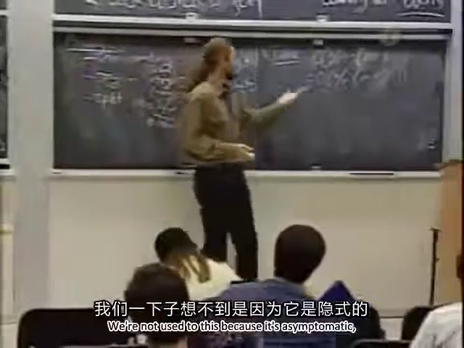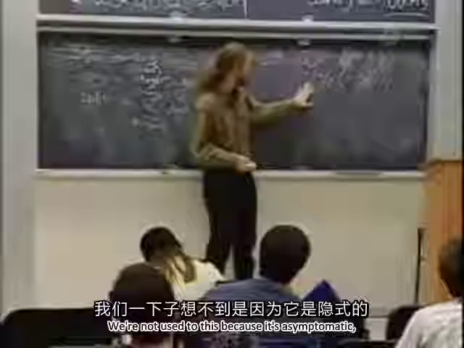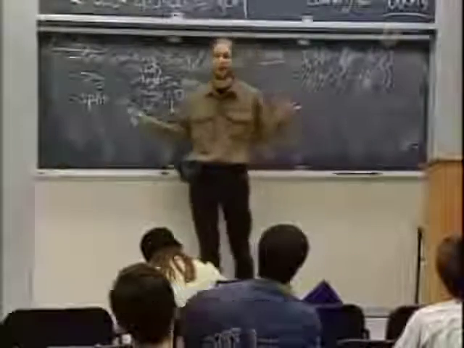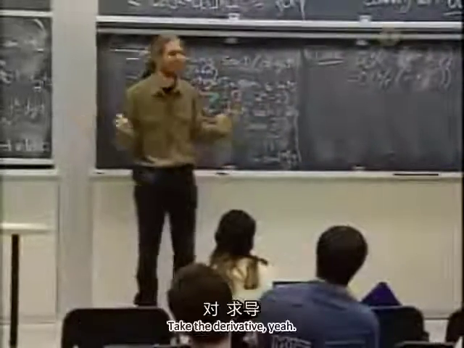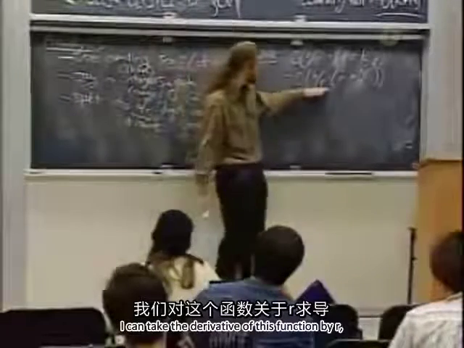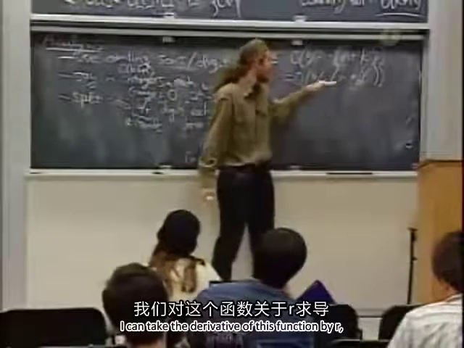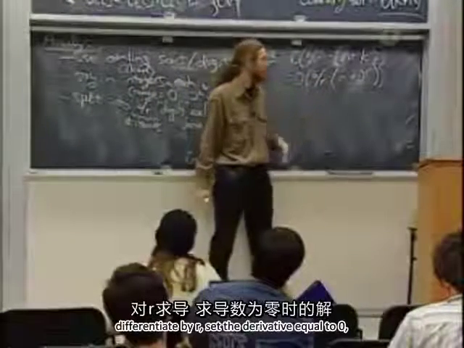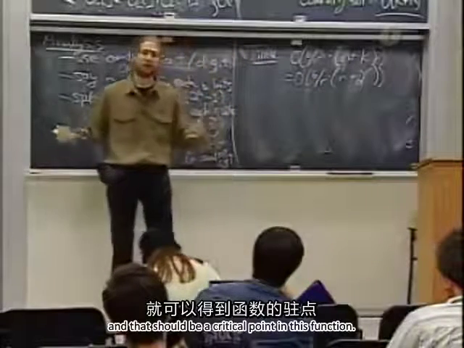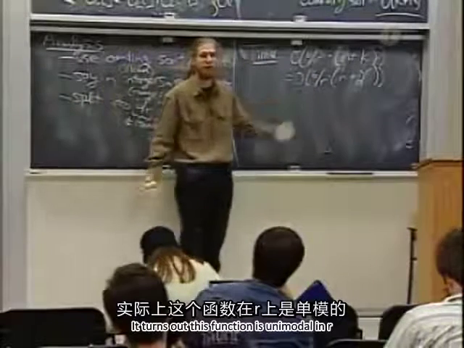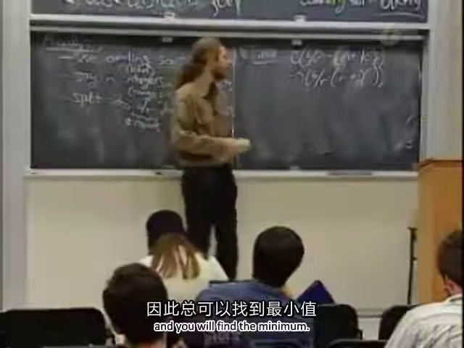We're not used to this because it's asymptotic, but forget the big O here. Just how do I minimize a function with respect to one variable? Take the derivative, yeah. So I could differentiate by r, set the derivative equal to 0, and that should be a critical point in this function. It turns out this function is unimodal in r, and you will find the minimum.